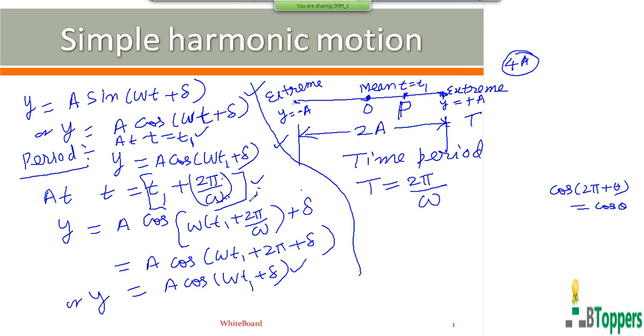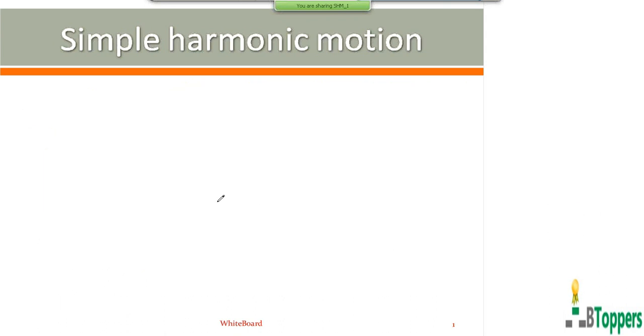So next I would like to discuss how we can express velocity in terms of the displacement y from the mean position. Coming to the calculation, the velocity of the particle in linear simple harmonic motion.